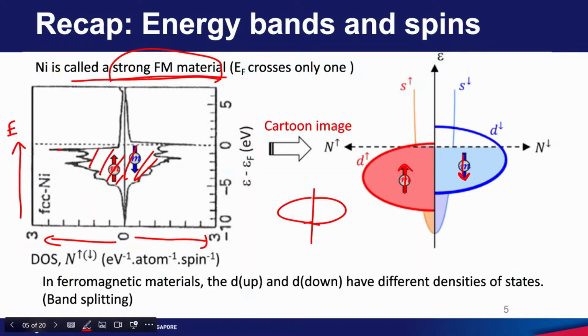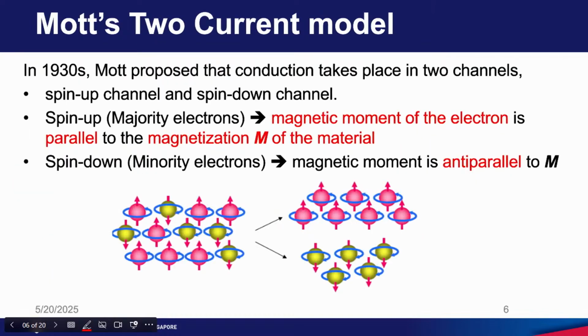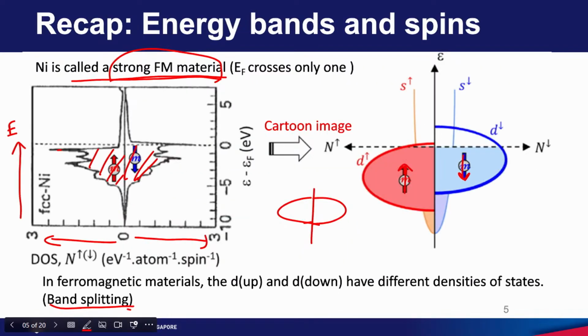But in ferromagnetic materials there will be a shift caused by the Heisenberg exchange interaction. Okay. So, this is what we call band splitting. So, the up spin electrons and down spin electrons have different density of states. Okay. So, that is something that you should know, because we will be using these concepts in the next few slides.